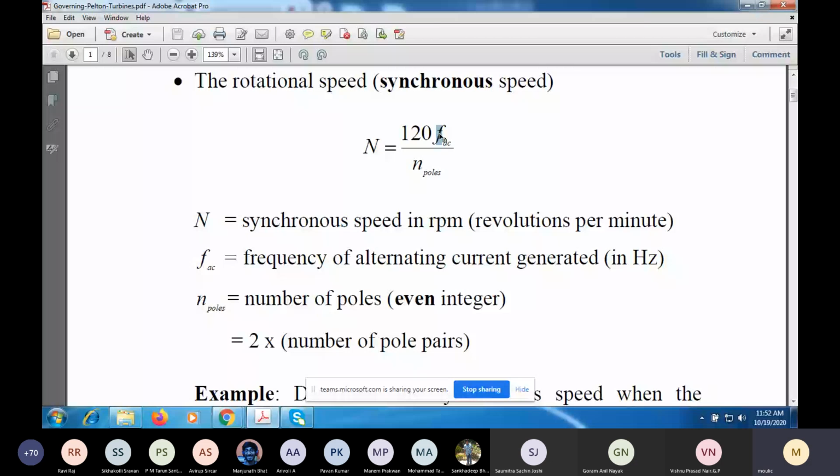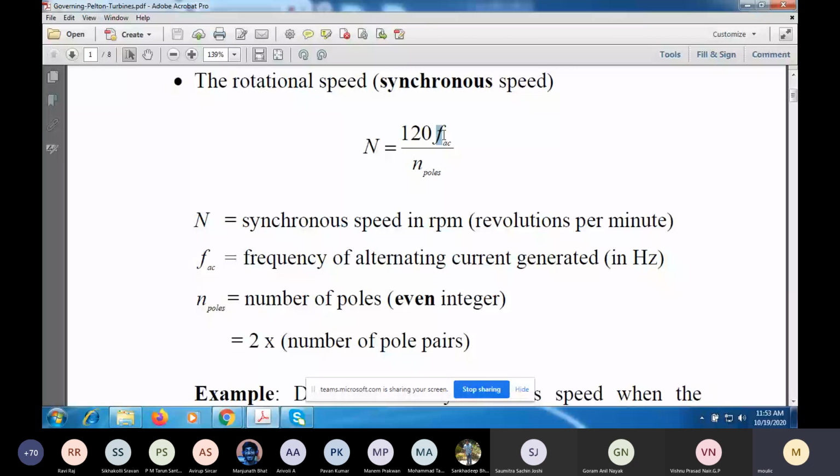And this must be the same as the speed of the Pelton turbine shaft. So you have to design a system as a mechanical engineer where the Pelton turbine shaft rotates at a constant frequency. Because if n varies, then the line frequency will change, and that will lead to disaster.